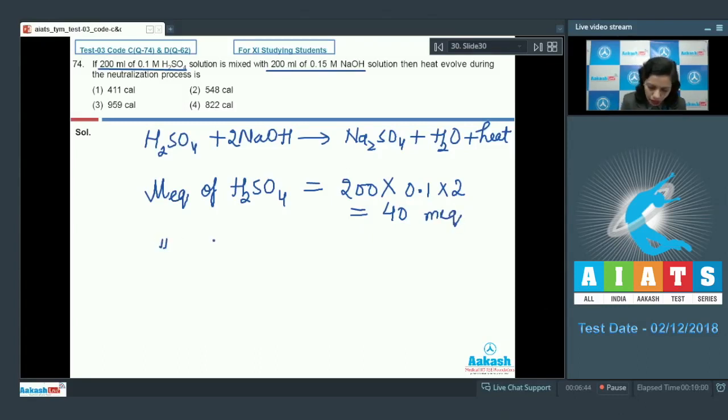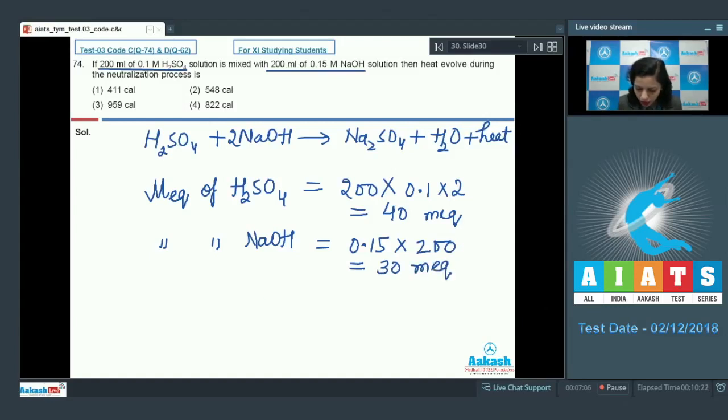Now, milli equivalent for NaOH would be normality, 0.15 into n factor, that is 1. So normality is 0.15, and the volume is 200 ml. It means, in this case, 30 milli equivalents are there. Now, how many milli equivalents would be utilized during this process? Definitely 30 milli equivalent. So the value of equivalents would be 30 into 10 raised to the power minus 3.